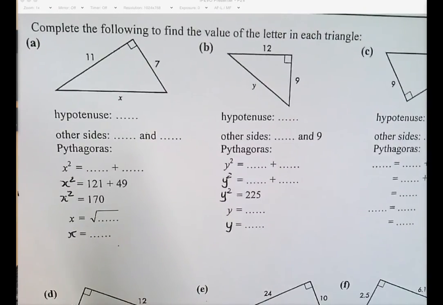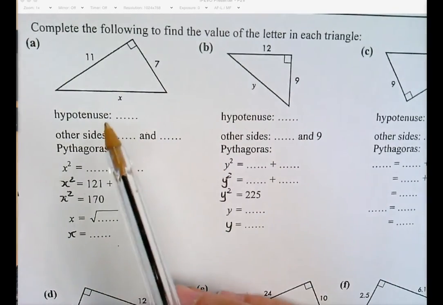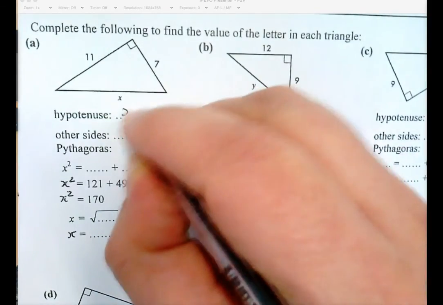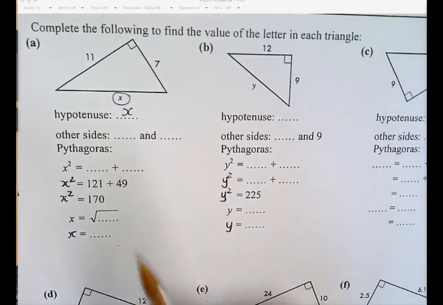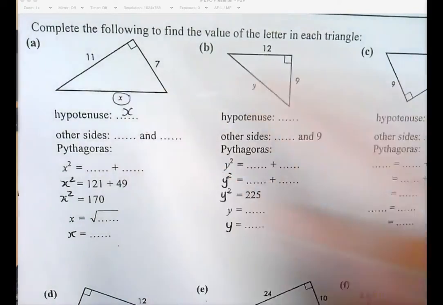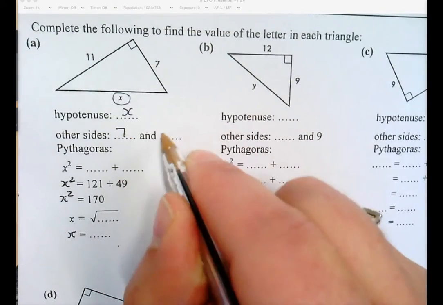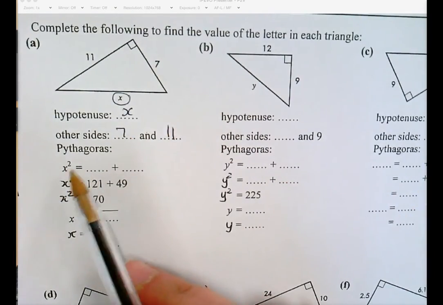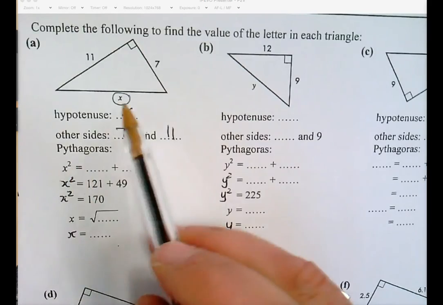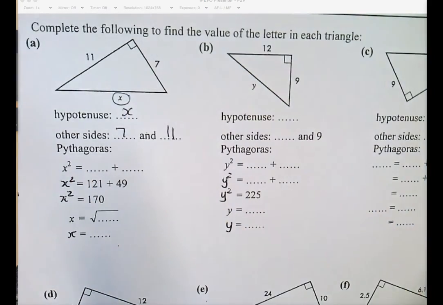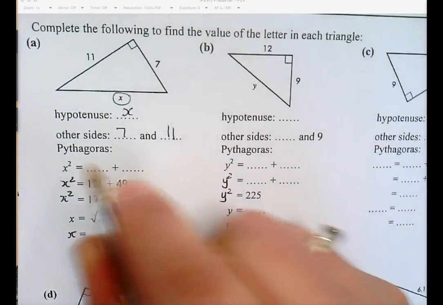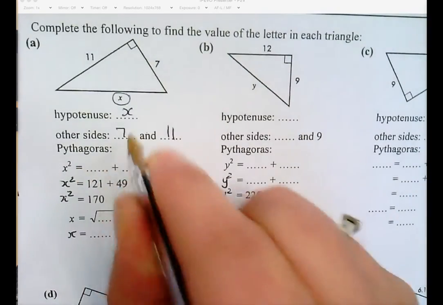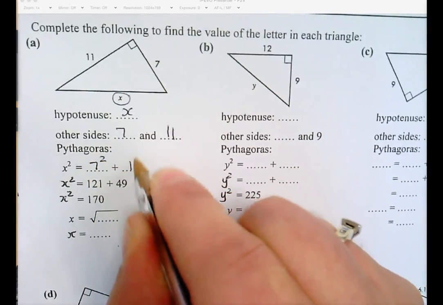All right, girls, look at this question. The first one, which one's the hypotenuse? X. Which are the two shorter sides? 7 and 11. So therefore, Pythagoras' theorem is x squared equals 7 squared plus 11 squared.